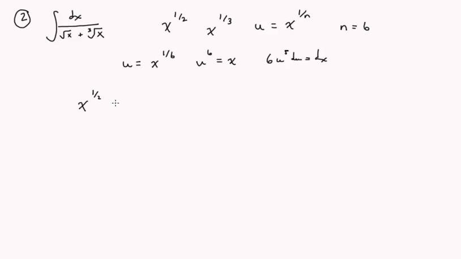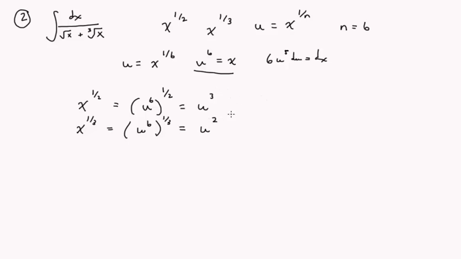If I have x to the 1/2, and I want that in terms of u, then this is going to be u to the 6th to the 1/2, which equals u to the 3rd. Likewise, x to the 1/3 is going to be u to the 6th, that's coming from here, u to the 6th to the 1/3, which then becomes u squared.